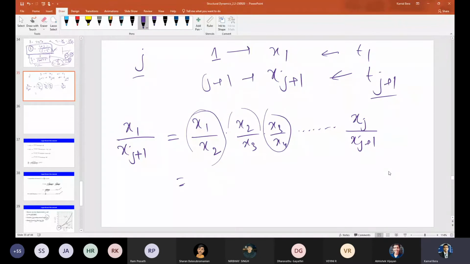Tell me, what does each quantity represent? I can write it this way, right? That is legitimate.